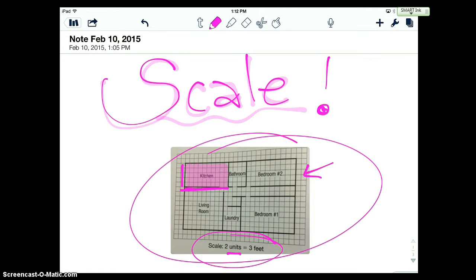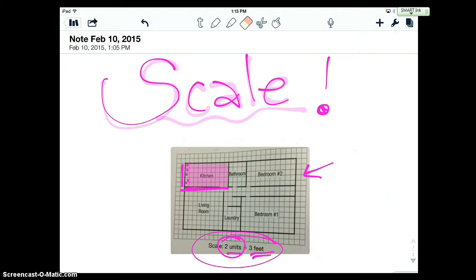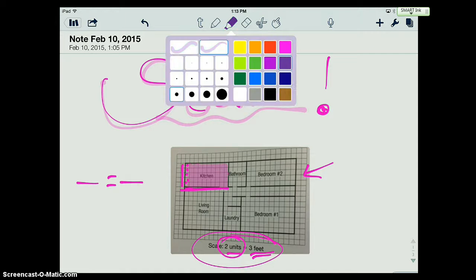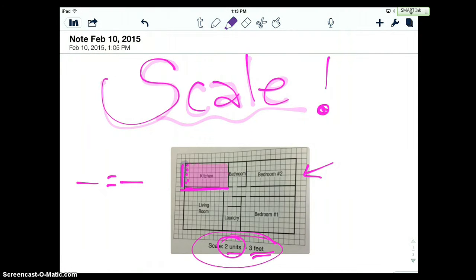But I don't want it just in units. You're going to say, oh, the kitchen's 1, 2, 3, 4, 5 in width. It's 5 units. We need to figure out how many feet that is. So this is one option. I could set up a proportion to figure out just this side here of the kitchen. I know that in this drawing 2 units is 3 feet, right?